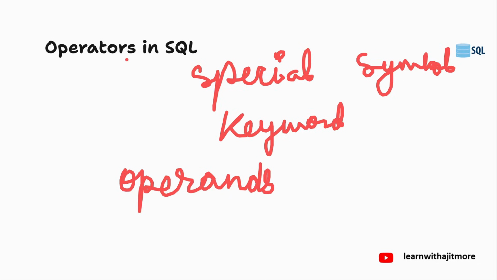What you'll remember: operators are special symbols or keywords, and they perform a specific operation on operands. Means every operator is given its specific task. Plus, you have to do addition only. Multiply, star, only multiplication. So every operator is given its specific task.